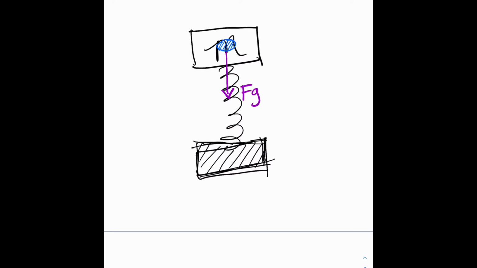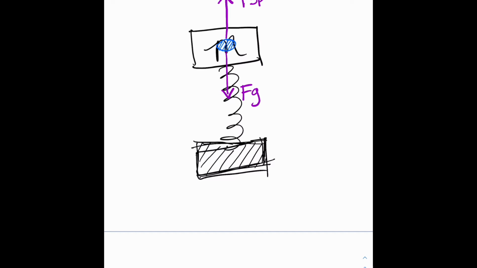The other is, you might want to say tension because it involves kind of like a rope or a spring, but we want to use force spring here. Or you might want to use, probably the more likely one than tension, is normal. You might have wanted to say normal.